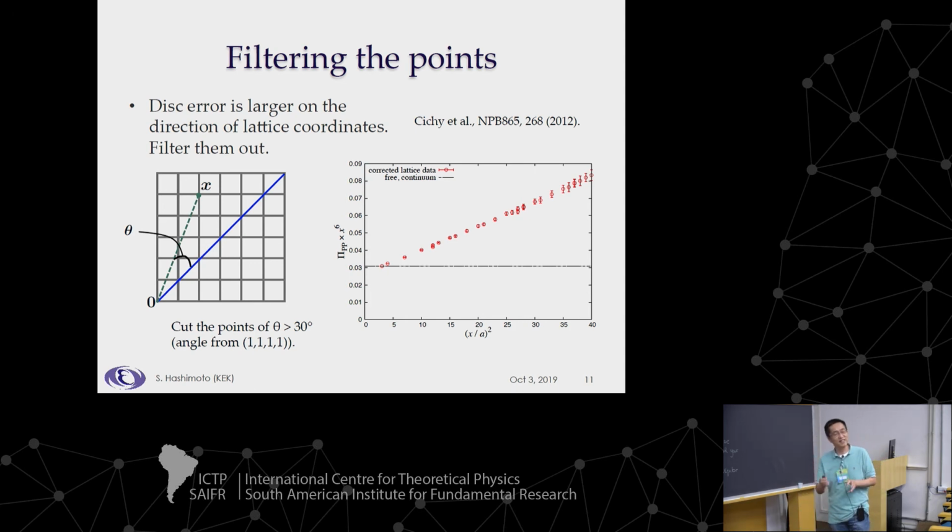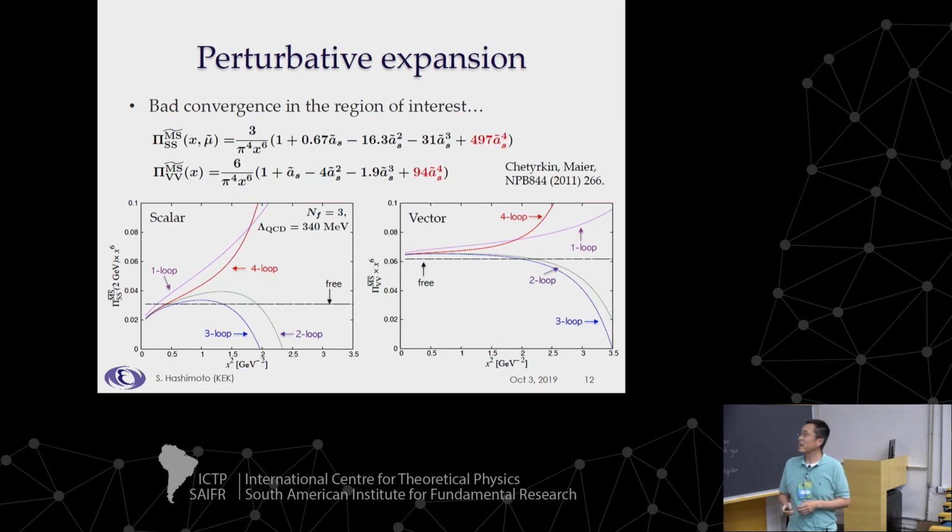That has the smallest discretization effect. So we ignore all the other points and finally get this kind of smooth function. This is the pseudoscalar correlator times x to the 6th power. So it looks like a smooth function, and we want to compare it with the perturbation theory.